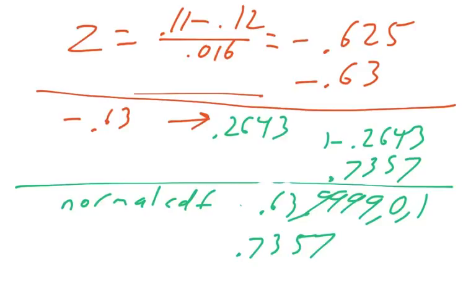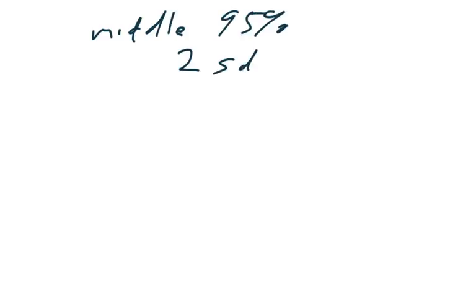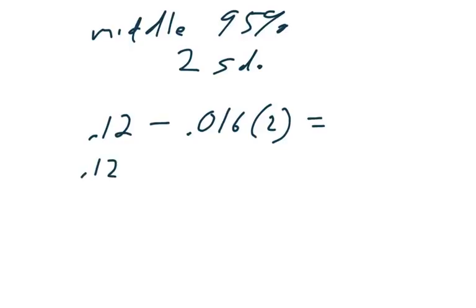In the last problem, we're looking for the middle 95%, which, if we remember from our other problems, is 2 standard deviations. So I'm going to take 0.12 and subtract the standard deviation times 2, because we're doing 2 standard deviations.